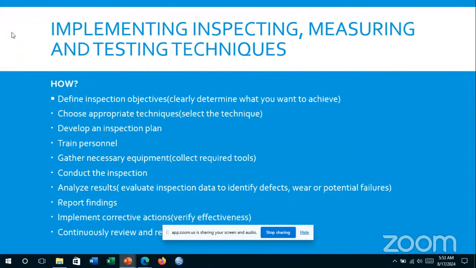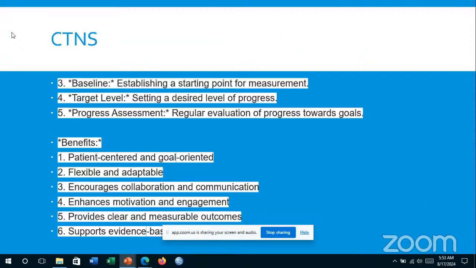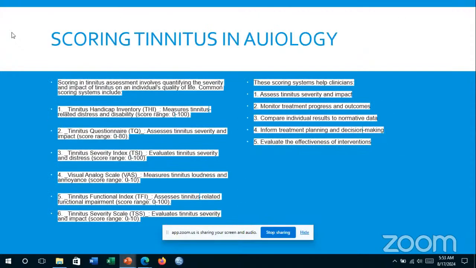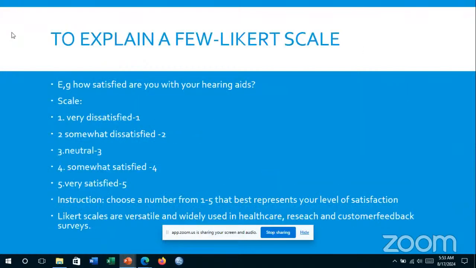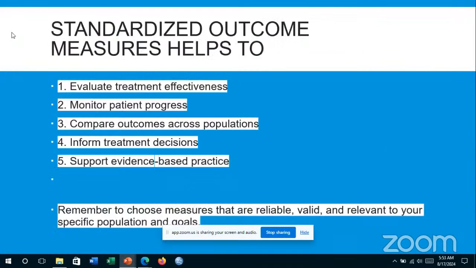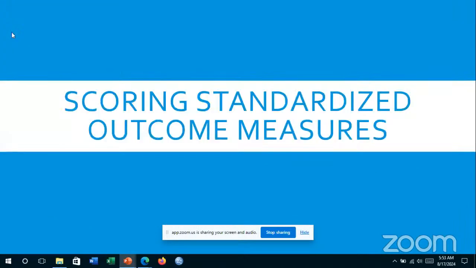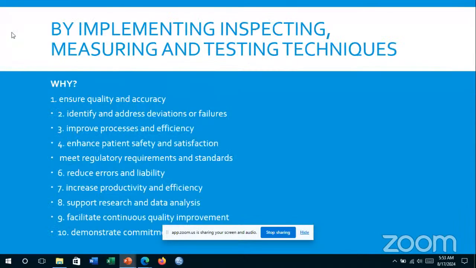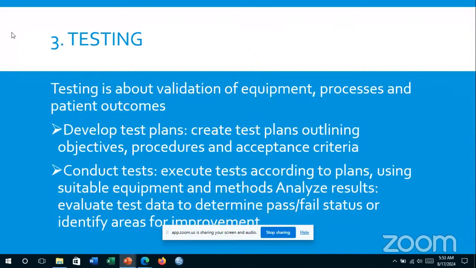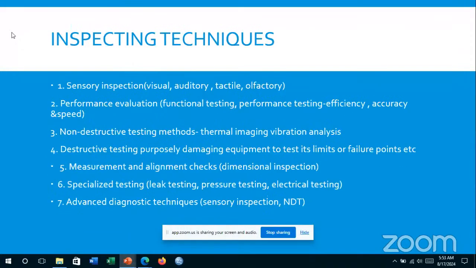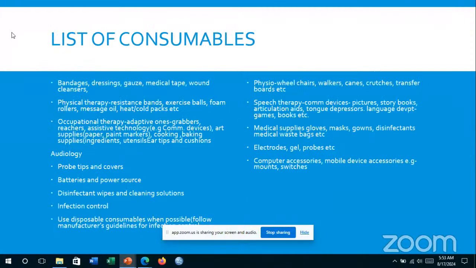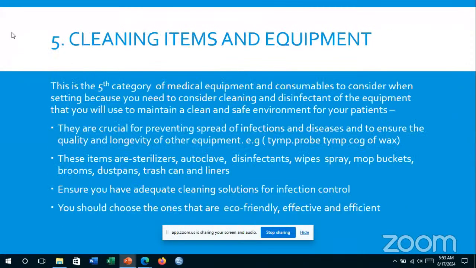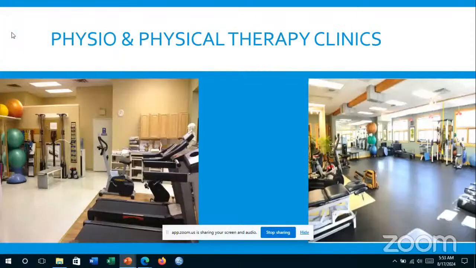There are many other useful equipment that can as well be recommended, like the sound analyzer, voice analyzer, all this can be useful.